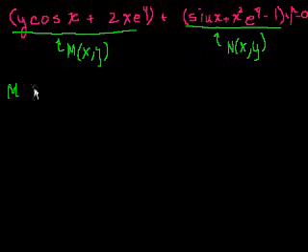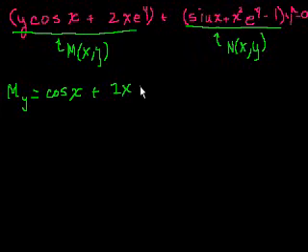The partial of M with respect to y is equal to, let's see, y is, so this cosine of x is just a constant, so it's just cosine of x. Cosine of x plus, now, what's the derivative? Well, 2x is just a constant, and what's the derivative of e to the y with respect to y? Well, it's just e to the y, right? So we have the constant on the outside, 2x times the derivative with respect to y, so it's 2x e to the y. Fair enough.